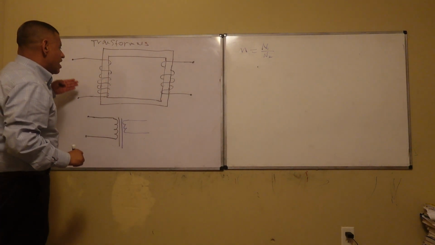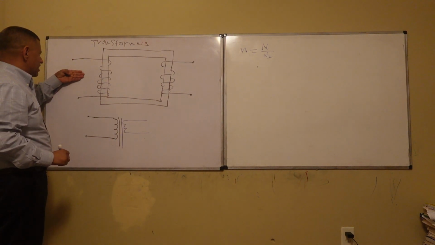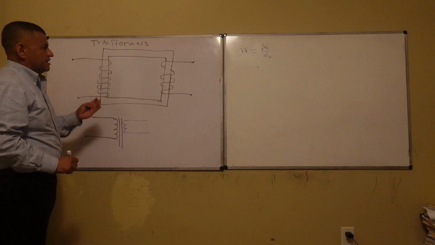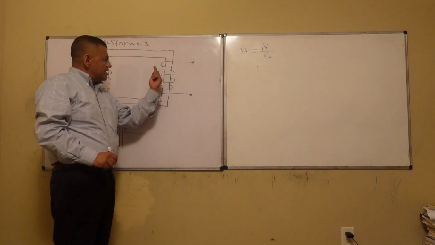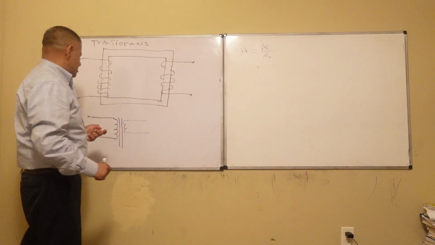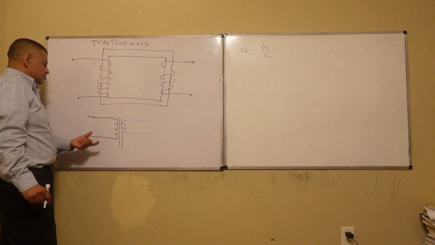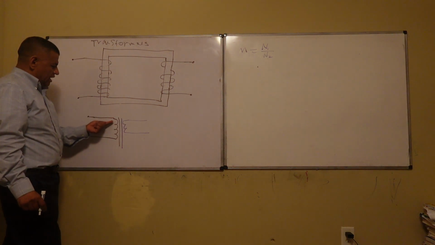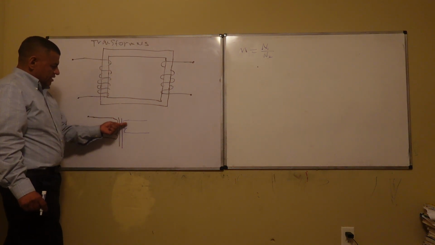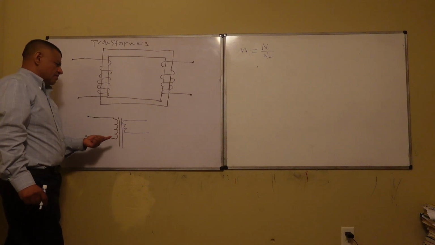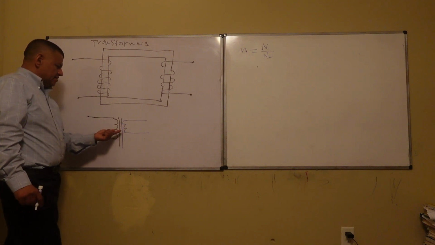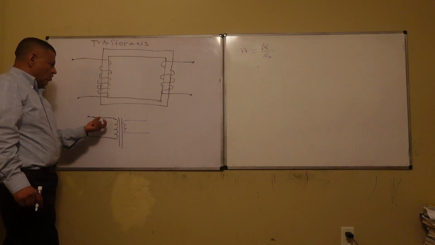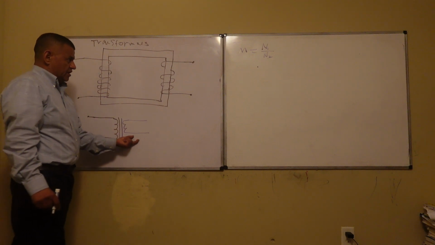N1 is this one, the primary, and N2 is this one. Now you can see that in this transformer I have 1, 2, 3, 4 turns here and 1, 2, 3 here. So I have a ratio: I got more turns over here than over here.